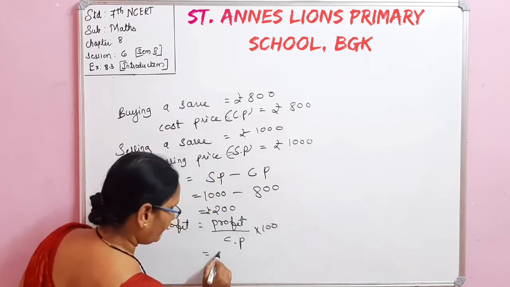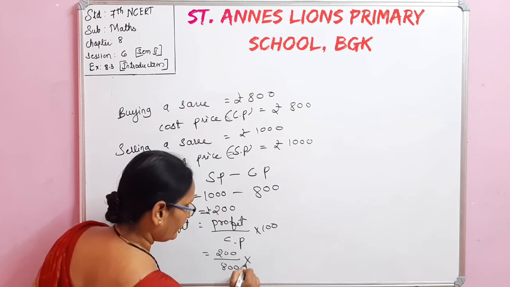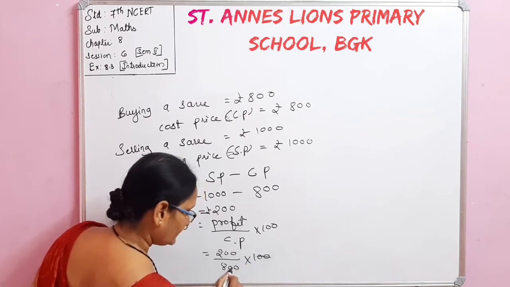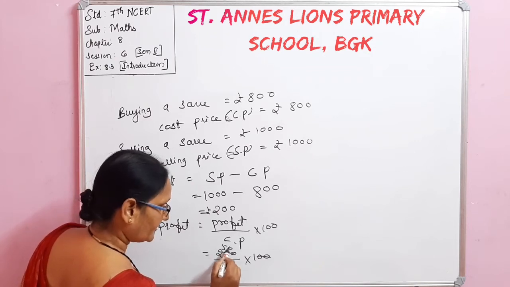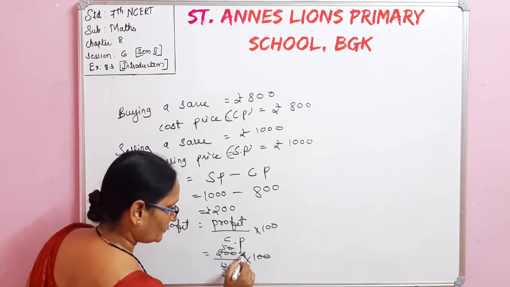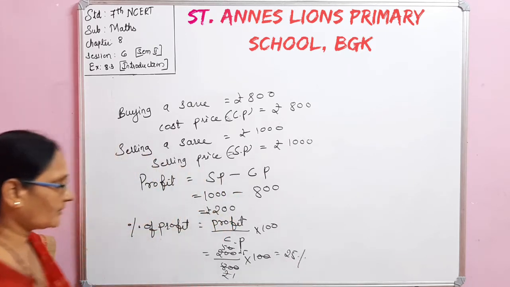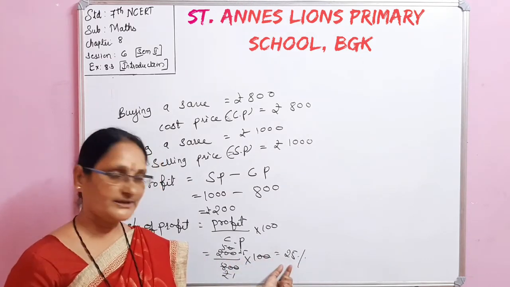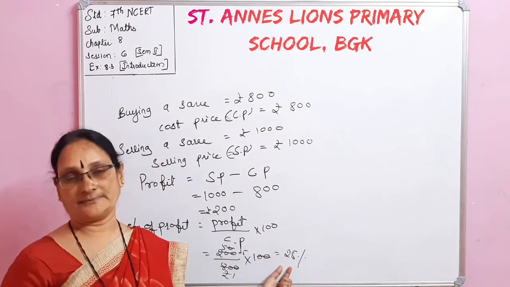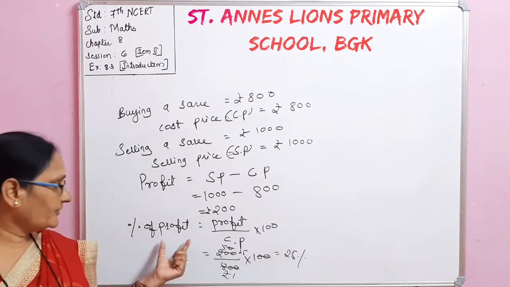The profit I got is 200, the cost price is 800, into 100. 4 twos are 8, so it is 25% profit I am getting. For every 100 rupees, 25 rupees profit for me.